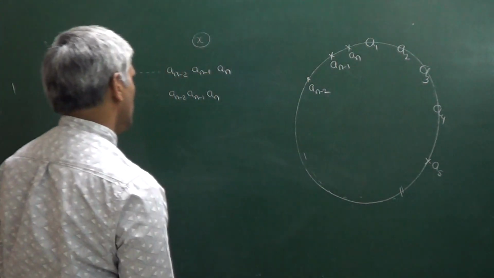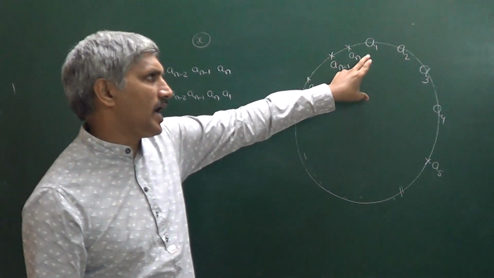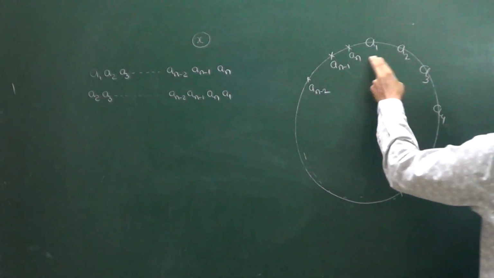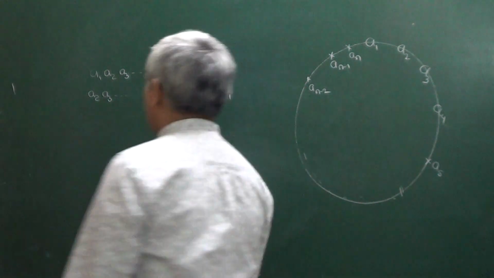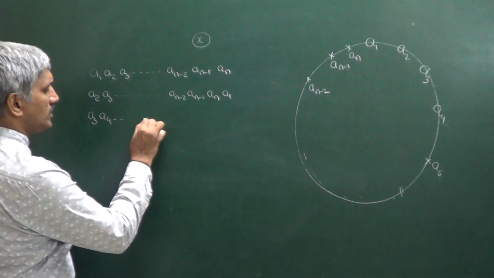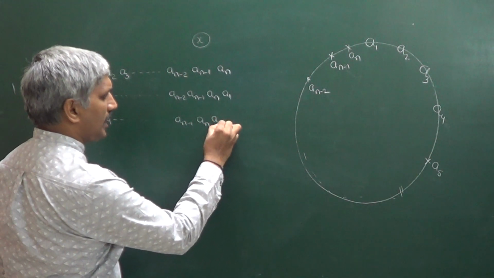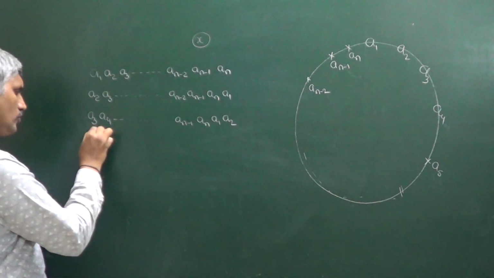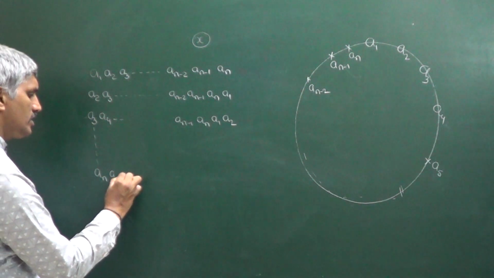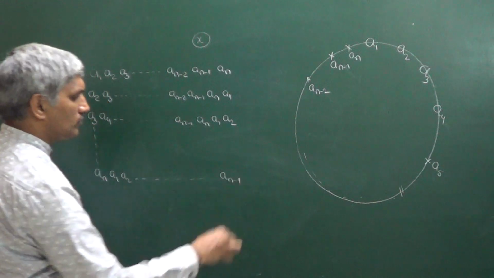Then after A n minus 1, next A1 will come. First the line starts with A1, next the line starts with A2. Next the line may start with A3, A4 and so on, A n minus 1, A n, A1, A2. If you continue like that, you will get A n, A1, A2 and so on, A n minus 1.